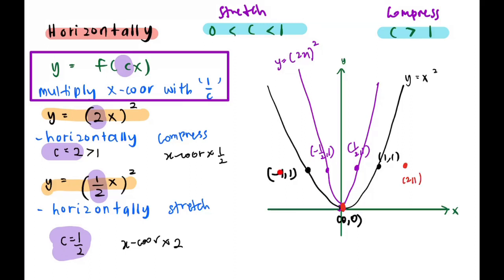And then minus 1, 1, when you multiply it by 2, this becomes minus 2, 1. So now let's connect the dots. This is the new graph, y equal to half x, to the power of 2, and you can see that this graph is stretched horizontally.